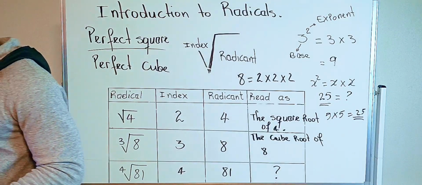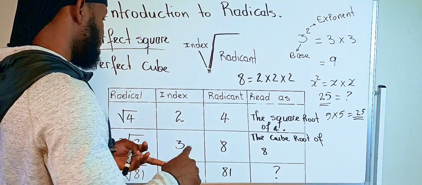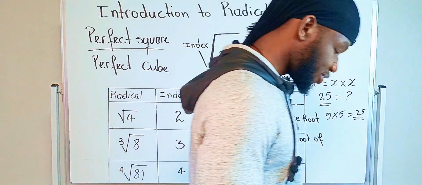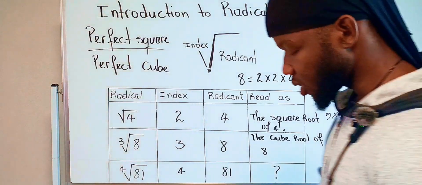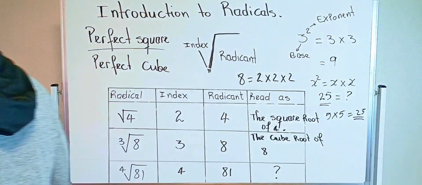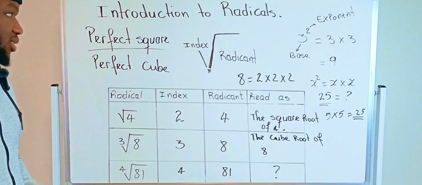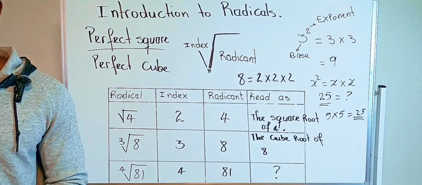But before that, I want you to be able to identify the index and the radicand, to be able to read it, to know the perfect square and the perfect cube, and to know how to identify them, which means you know their definitions. Easy stuff, guys. Nothing difficult at all. Let me know if you got a question.